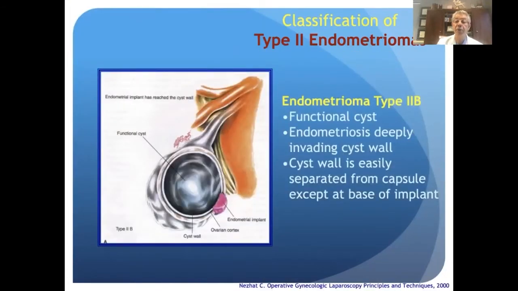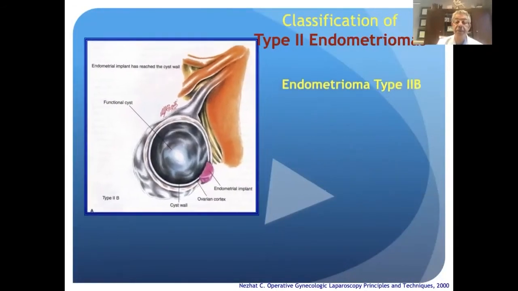Type 2B has a further area of invasion and surface fibrosis going deeper, and is more difficult to remove, except for the cyst wall, and the size is usually also bigger.